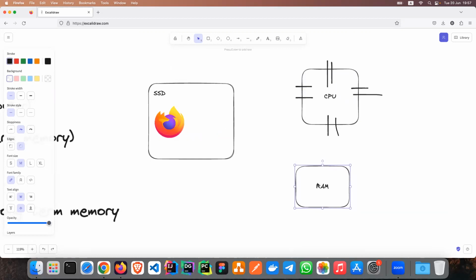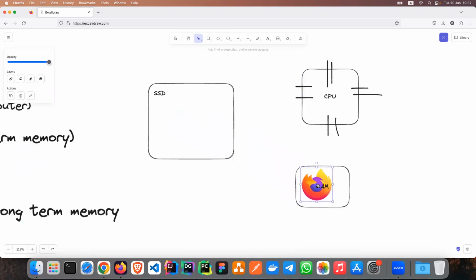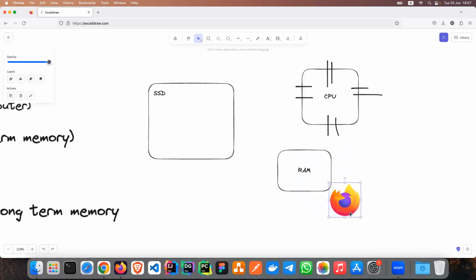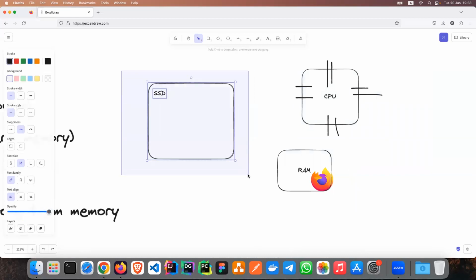That's why when I start a program, when I open Firefox, it will be loaded to my RAM, because my computer is preparing to run it. For this reason, my computer will load it to my RAM, because for the CPU, it's really fast to work with RAM rather than with SSD.